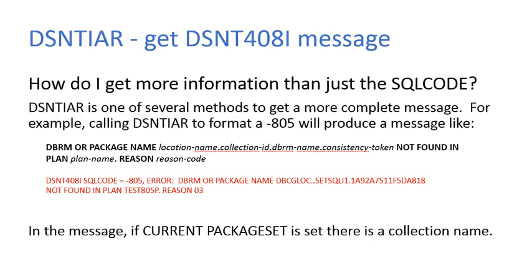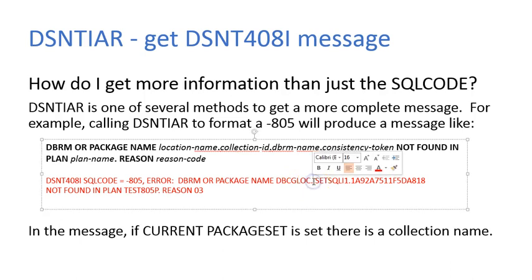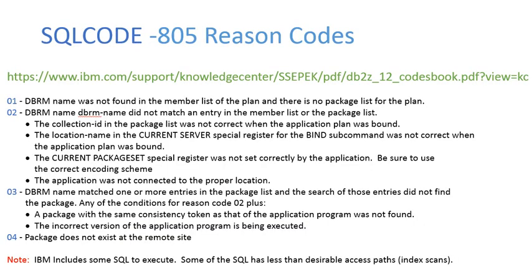In the message above, we have a -805 at location DBCGLOC for an unknown collection and for package SETSQLI1, consistency token 1A92, etc. If current package set is set, that special register, the collection name will be in the message. Otherwise, you have to go to SYSPACKLIST to find the eligible collections, the collections that are associated with the plan.